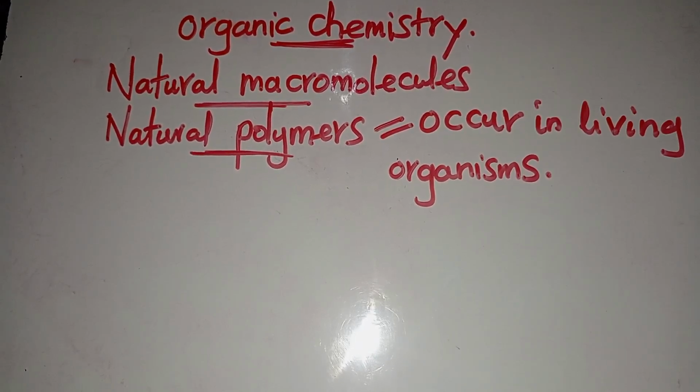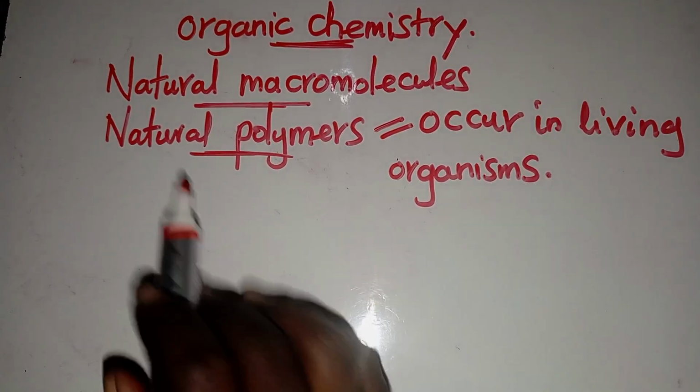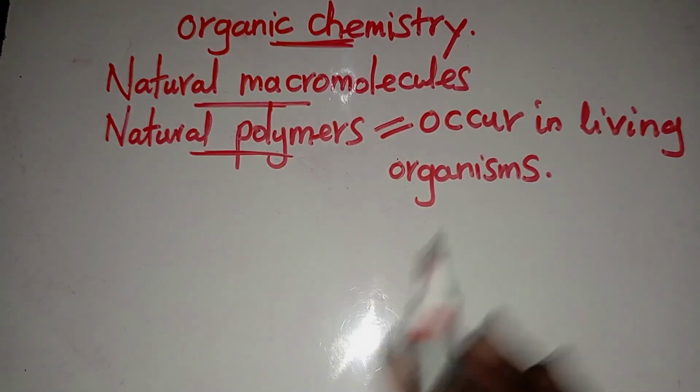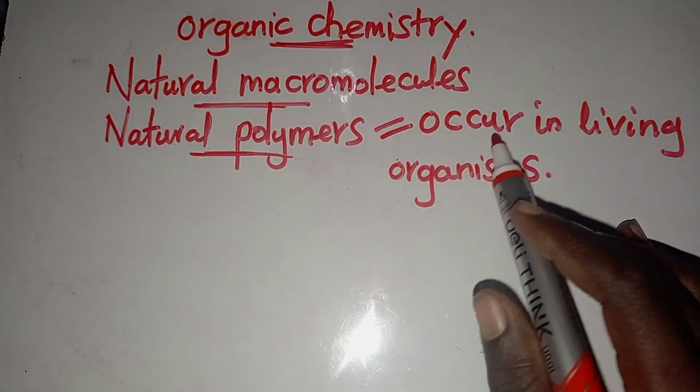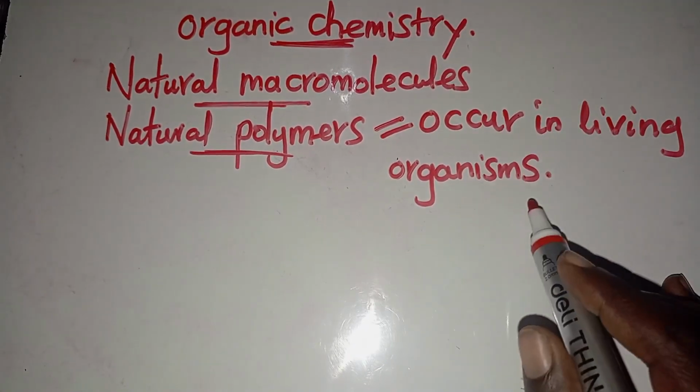We did synthetic, which is in two. We said there is addition and there is condensation. When we come to natural now, this is another part. So this is where we end from, and this lesson is very short. I've told you that they occur in living organisms.